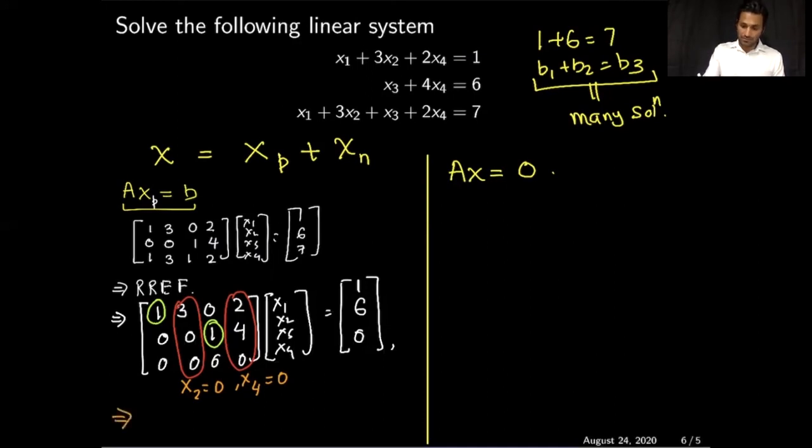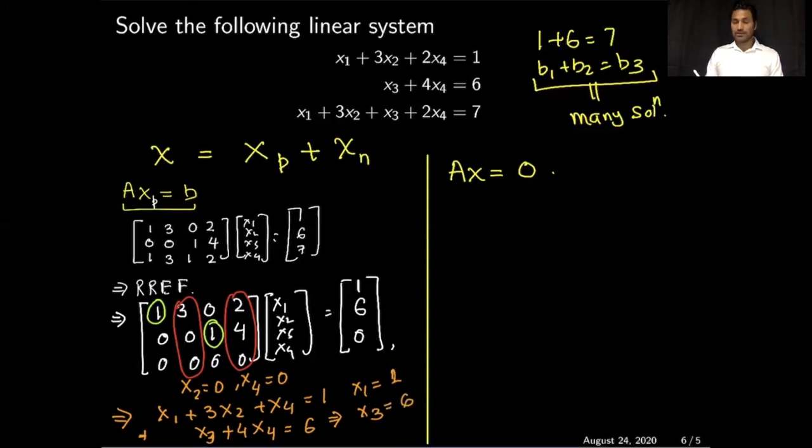Then if I multiply this matrix by this column, I get two equations, and I solve them. The first is x1 plus 3 times x2 plus 2 times x4 is equal to 1. The second equation is x3 plus 4 times x4 is equal to 6. Since x2 and x4 are equal to 0, x1 will be 1 and x3 will be 6.